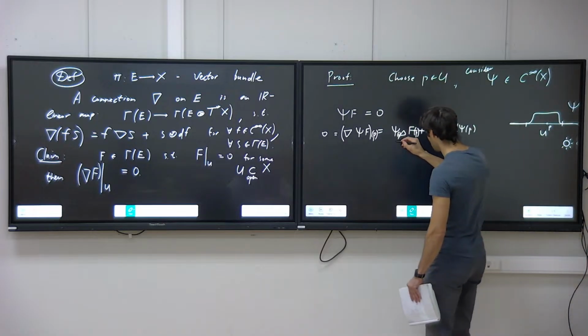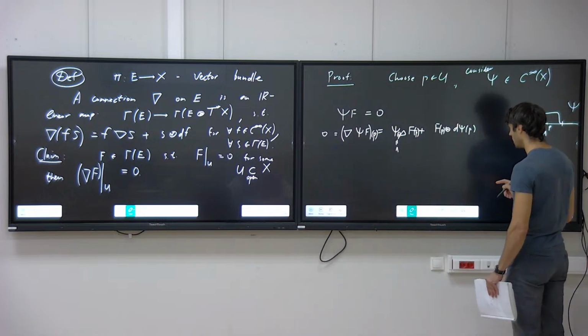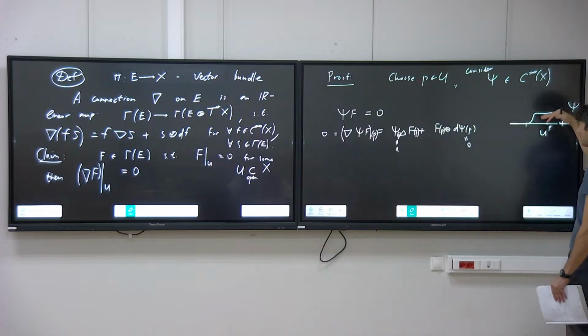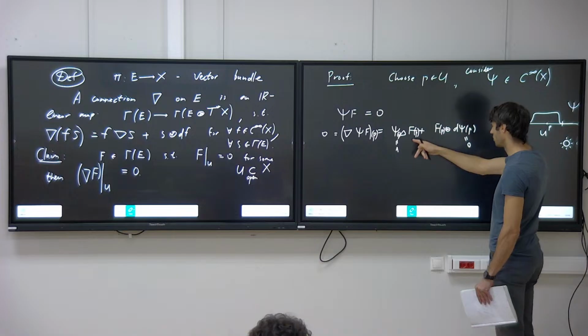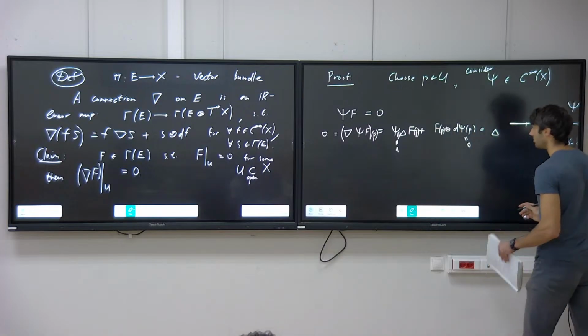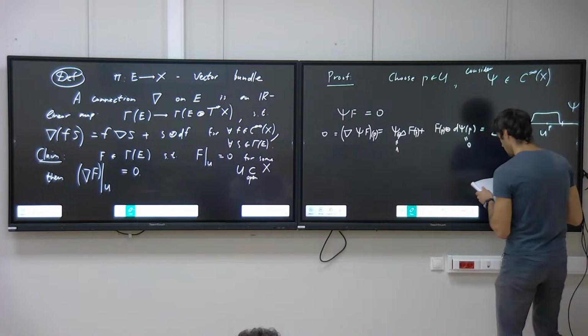Psi of p is 1, as we agreed, and d psi of p is 0, because psi is constant around p, so the differential is 0. Therefore we have only this term left, nabla F.